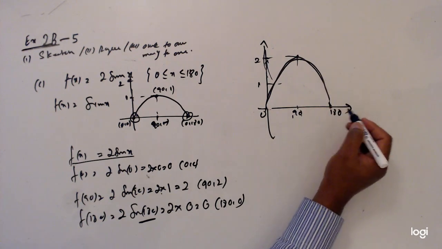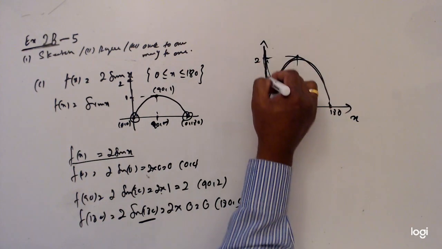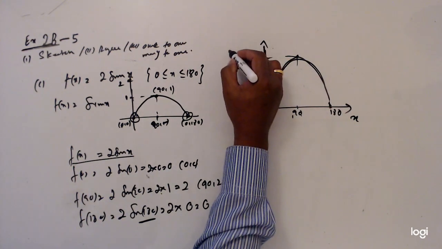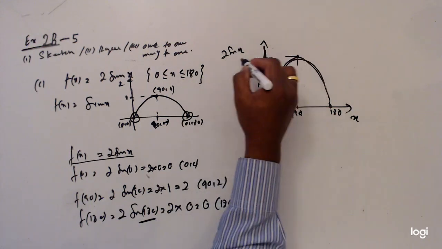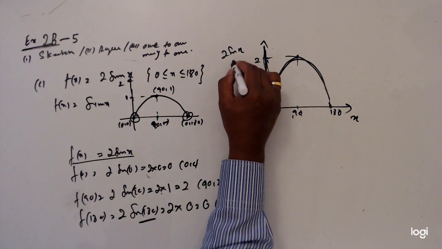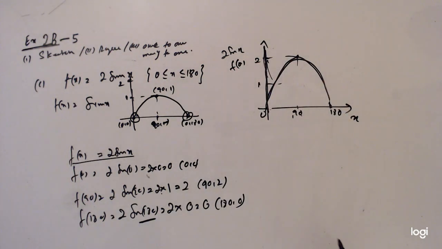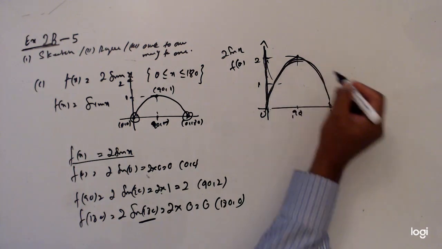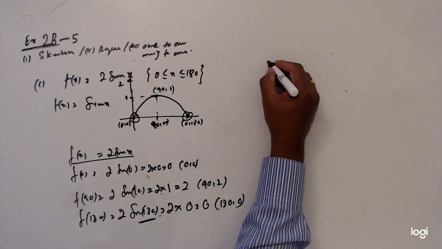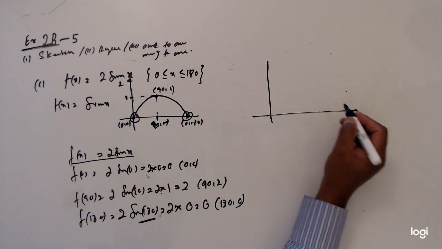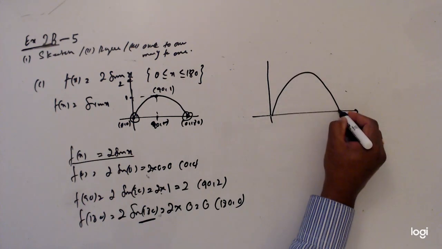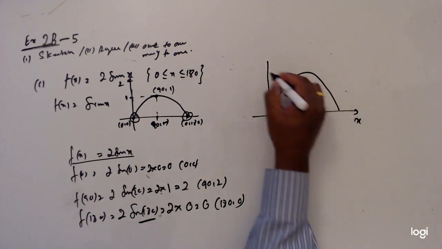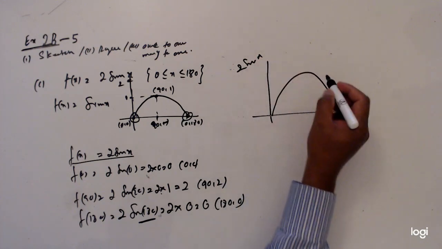This is x and this is the 2 sin x graph. Also you can tell that this is f(x). So this is the graph of 2 sin x.